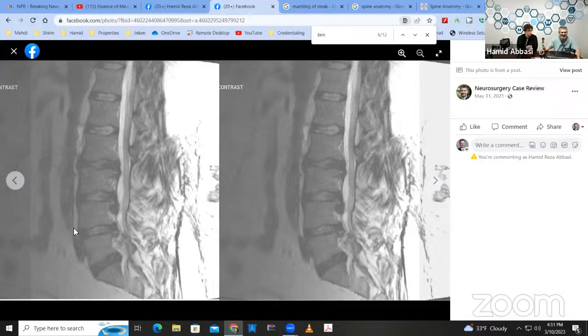What do you think that is? This structure that goes all the way down and ends up at L4. I have a guess. The aorta. Yeah, aorta. Why does the aorta end at L4? No, it just splits. Splits into what? The iliac arteries. So you wouldn't see it here because then they go to the side. Okay, so good deduction. Very good.